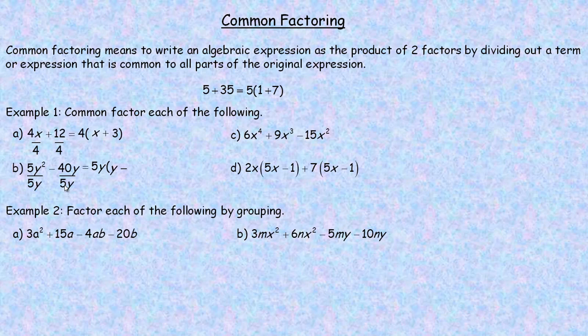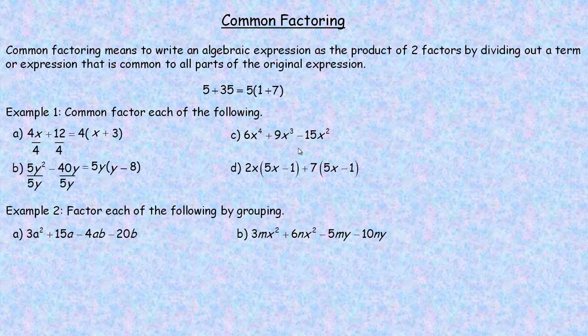Now 40 divided by 5 is 8. And the y's divide out completely. y to the first divided by y to the first is y to the 0. Or the y's divide out and we just have negative 40 divided by 5, which would be a negative 8. And so that is the factored form. And again, you can check 5y times y would be 5y squared. And 5y times a negative 8 would be negative 40y.